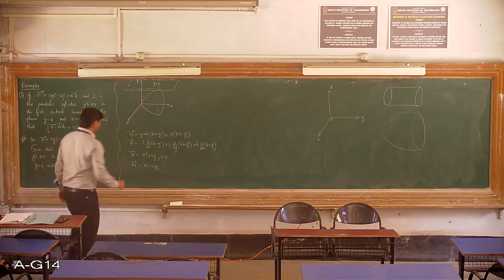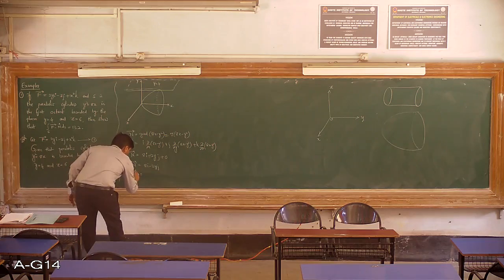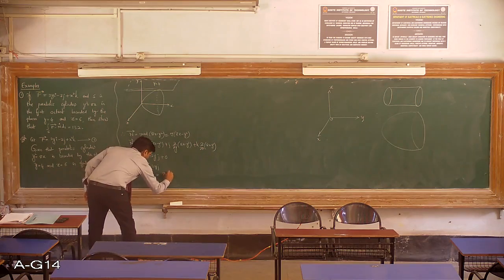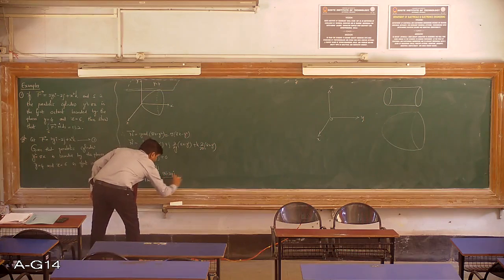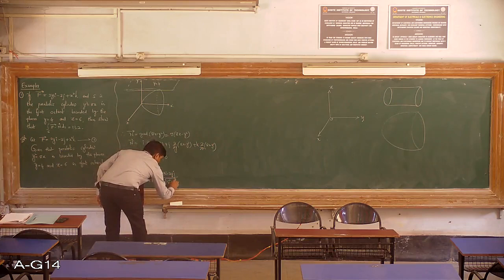So this we can very easily find. Next I want n cap. How will we find n cap, the unit vector? N cap is equal to vector n divided by the modulus of vector n. That means 8i minus 2yj divided by the square root of 8 square plus minus 2y square.